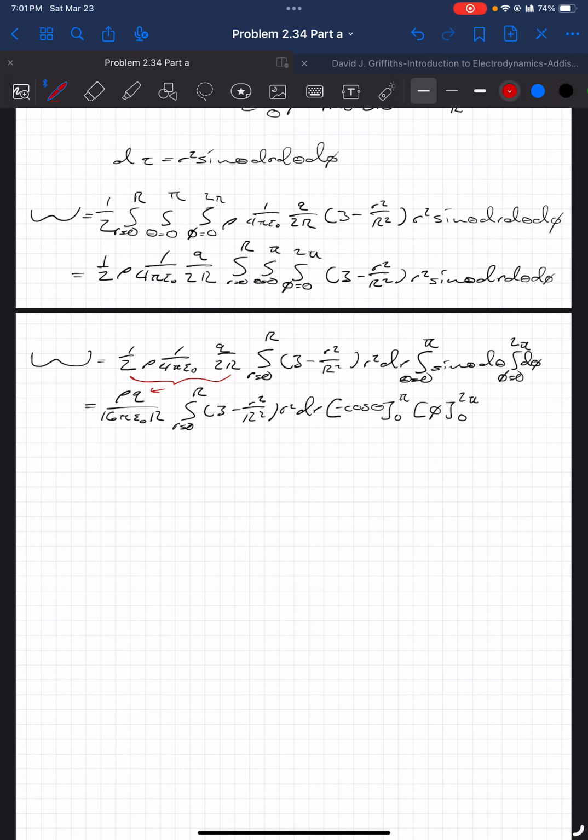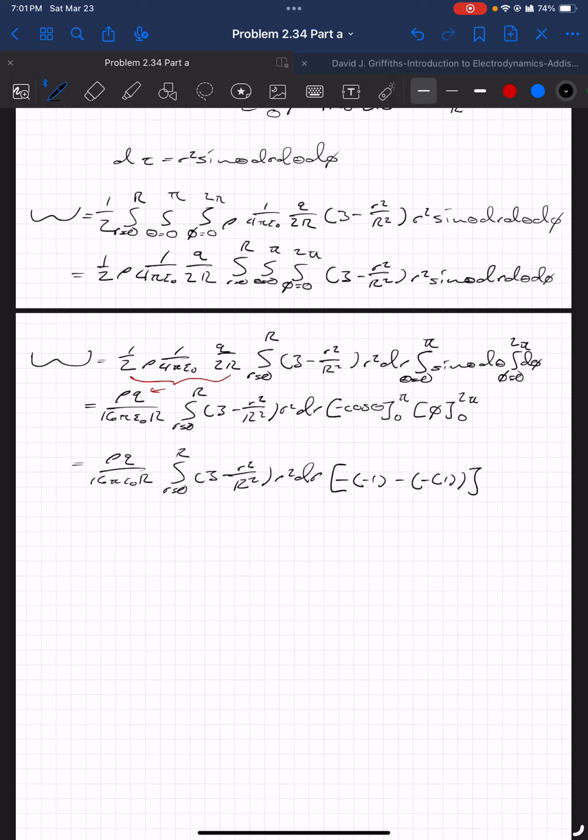And I'll just keep writing this out. Rho q over 16 pi epsilon naught large R, the integral of r from 0 to large R, 3 minus r squared over large R squared, r squared dr, and negative cosine theta of pi becomes negative 1, and we subtract the negative cosine theta where theta is equal to 0, which is negative, just positive 1.